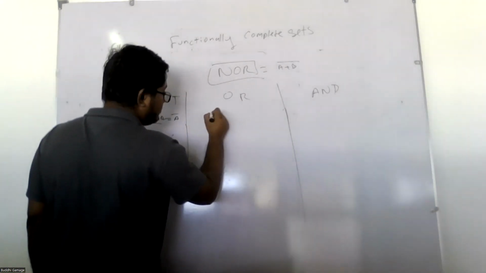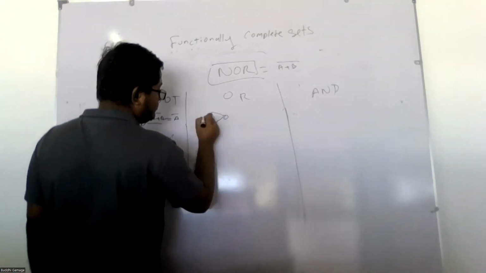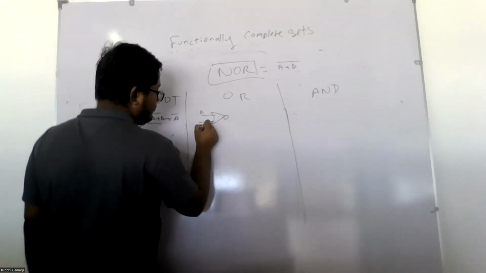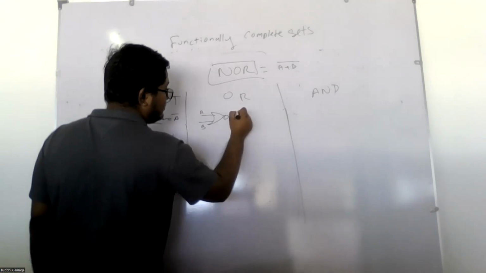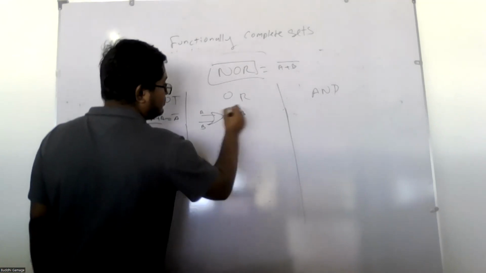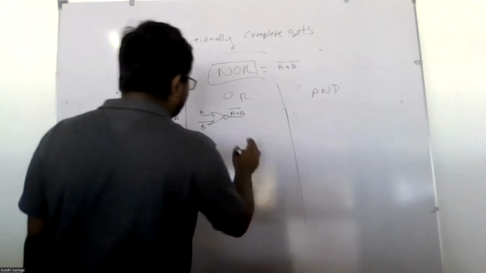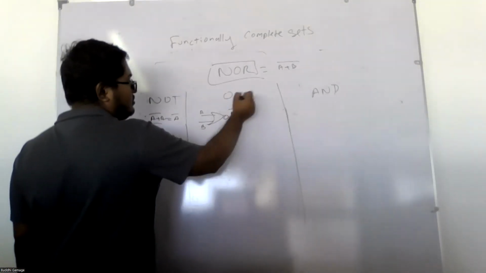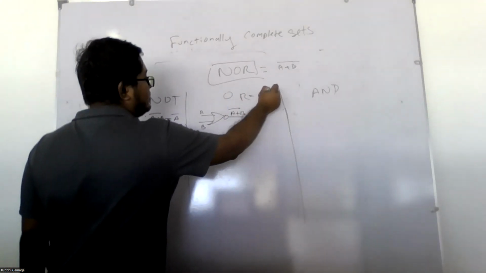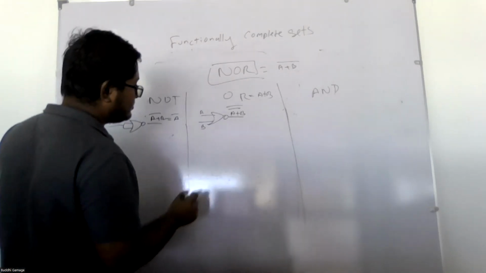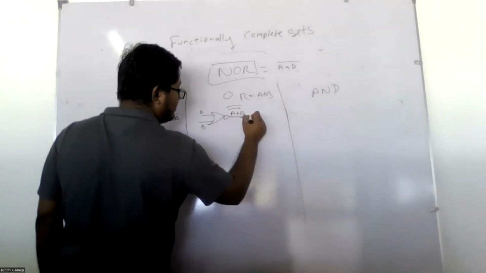So simply, B, A plus B, and what we need to get OR is A plus B. So we need to have a negation. So what is the negation again?